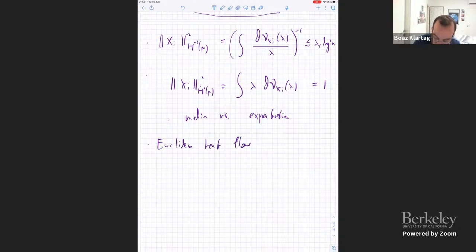This is a very common technique in analysis, also in combinatorics a bit. We have the Gaussian measure in Rn.